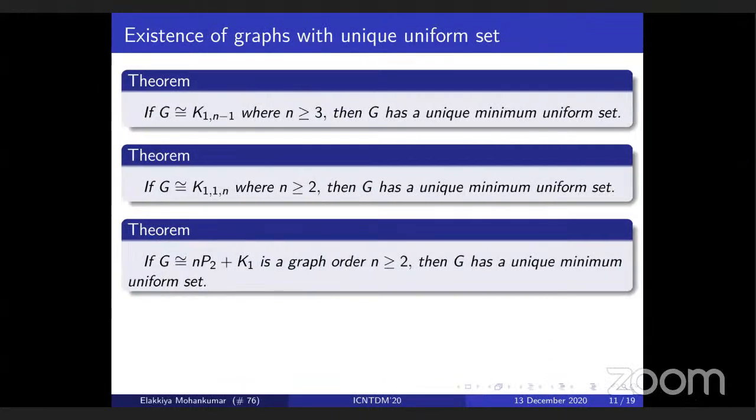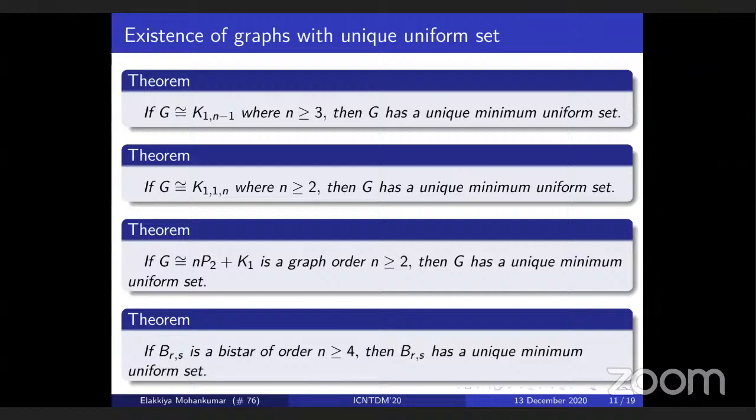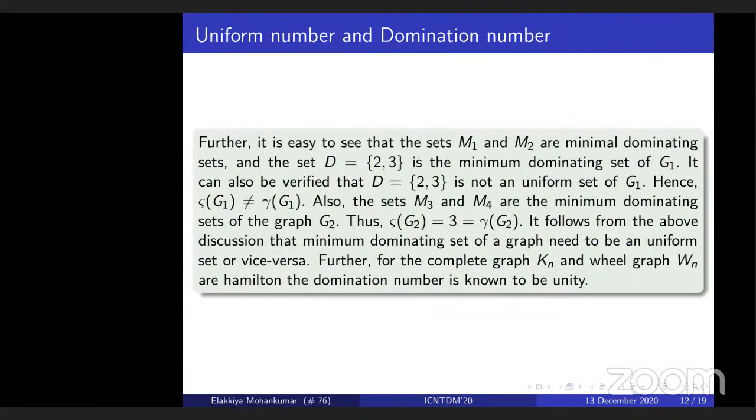Next, if G is isomorphic to NP2 plus K1, a graph of order n greater than or equal to 2, then G has a unique minimum uniform set. And if we take a bistar of order n greater than or equal to 4, then the bistar has a unique minimum uniform set.